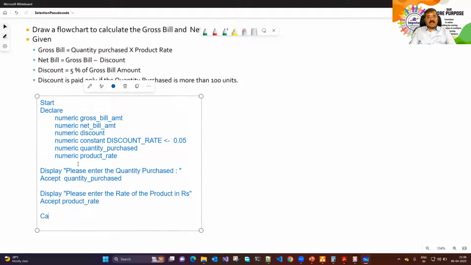So here you should write calculate. Because there is no symbol here to represent that you are doing a calculation, I'll say gross bill amount is your quantity purchased into product rate.